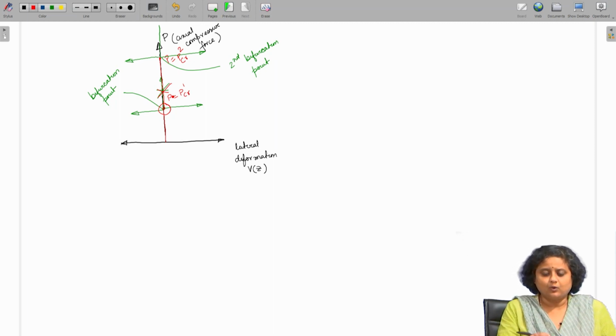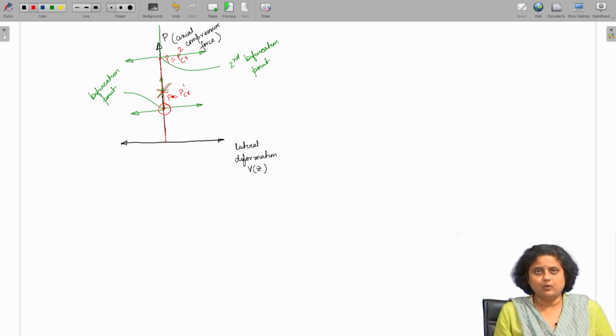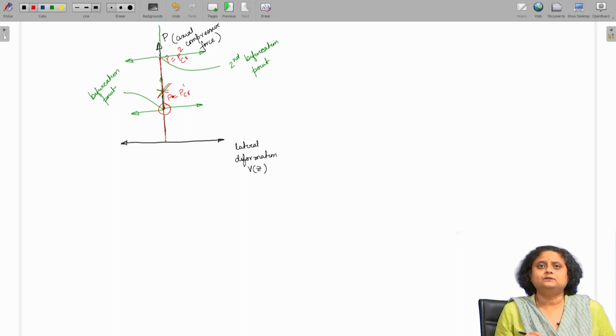Therefore, we will not even target to go beyond P critical 1, and we will design so that the load acting on the column should not cross P critical 1, to avoid all the uncertainty associated with the fact that whenever the load reaches P critical, it can go to an unstable equilibrium with the slightest perturbation.